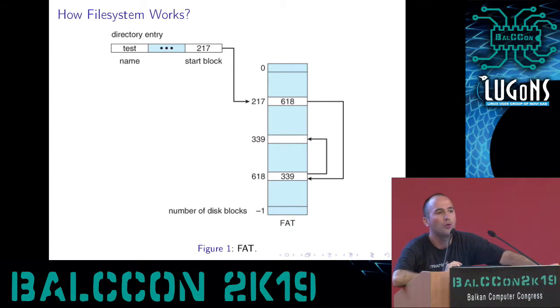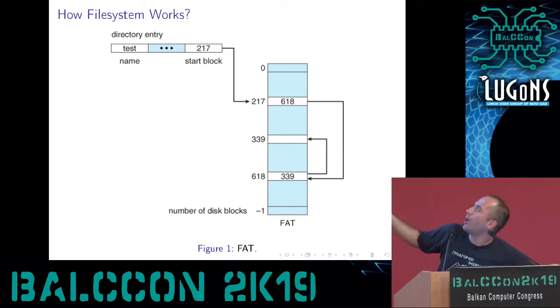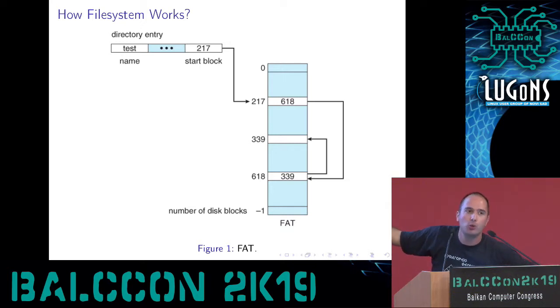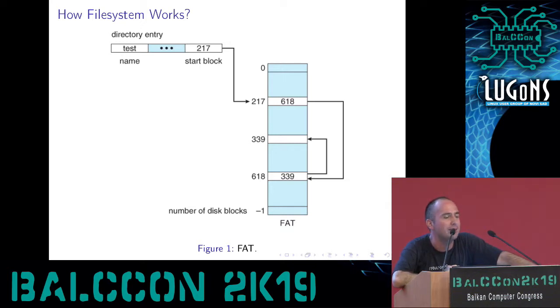And if we also remind ourselves how file systems work, we can see that each file is described in a directory entry that contains file metadata and a pointer to the first block that contains the data itself. Of course, each file can contain more than one block, and the first block contains a pointer to the next block, etc., at least in the case of the FAT file system.